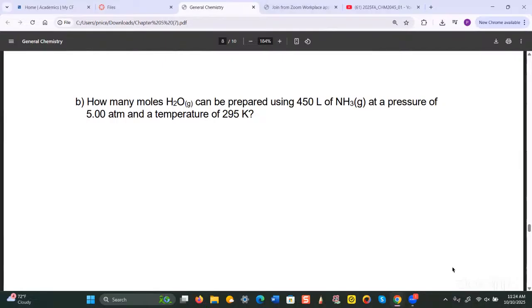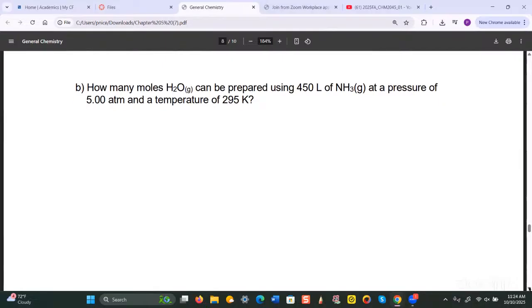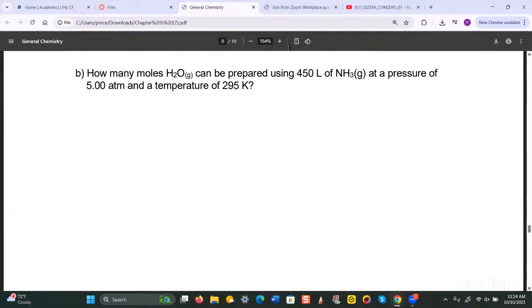Okay, so let me hear your ideas as to how you tackle this problem. Since we have the volume, the pressure, the temperature, and the gas constant, we can find the amount of moles of ammonia. Okay, so moles of ammonia is going to be equal to n, which will be equal to PV over RT.